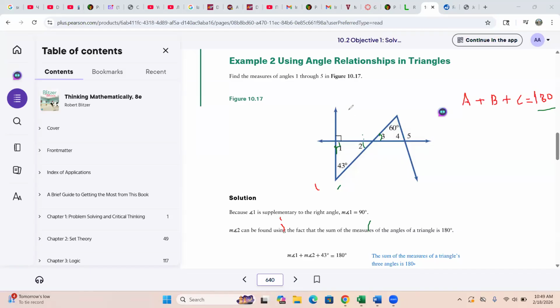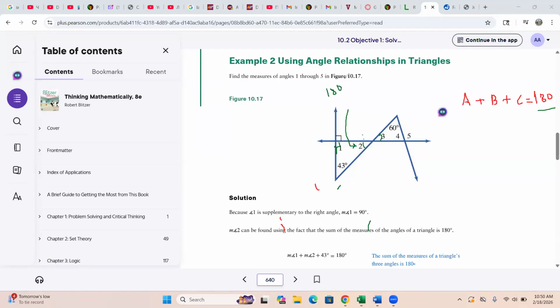So I can see that angle 2 will be measured 180 minus both of those angles that we already have in this triangle.